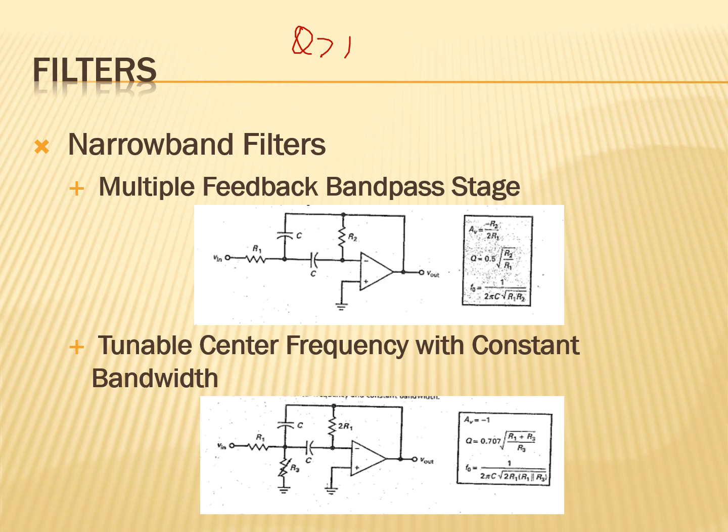However, this allows us more variation in our design, because anytime we can have a different center frequency. Unlike this one, where we only have a single cutoff frequency. Okay, so this is for a narrowband bandpass filter.